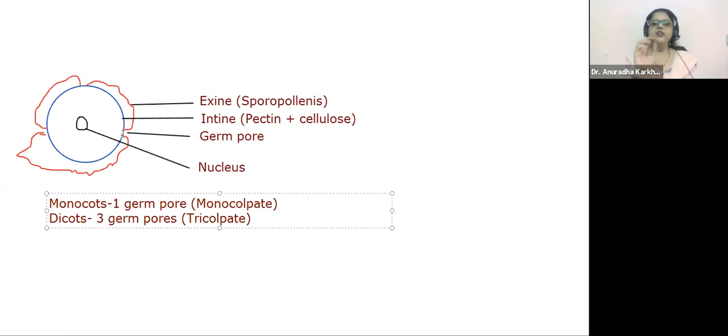Each part will be called 1 cotyledon. Even nuts, some of the nuts, almonds, you get 2 cotyledons. When we roast the singdana, it breaks into 2.